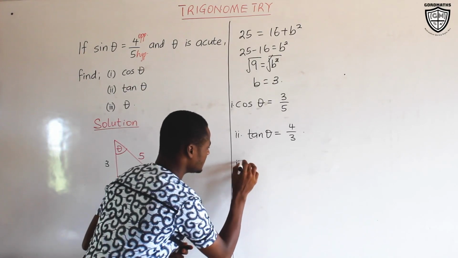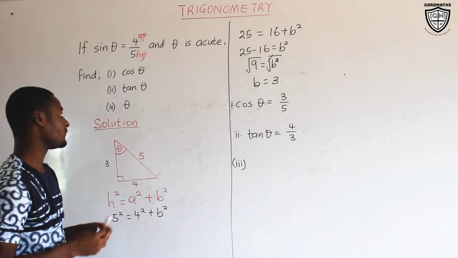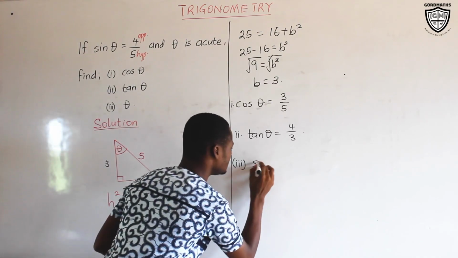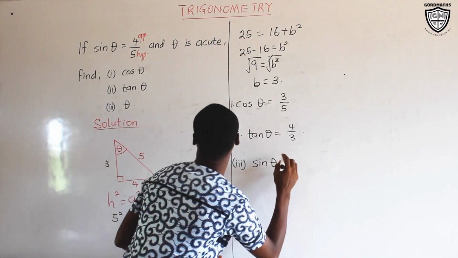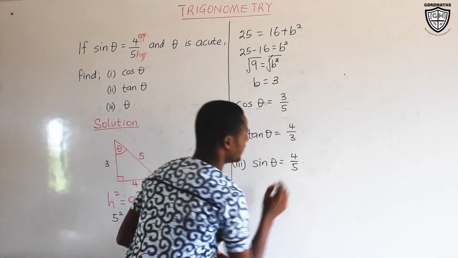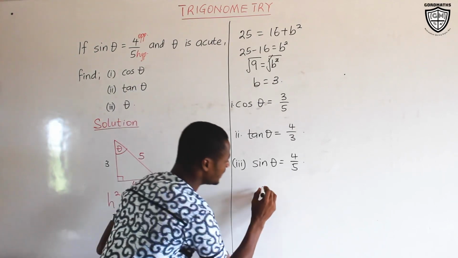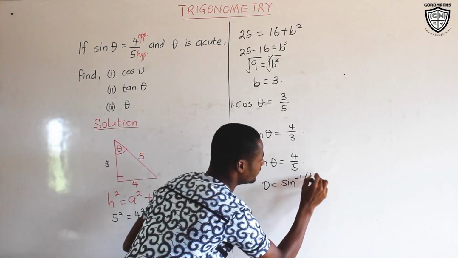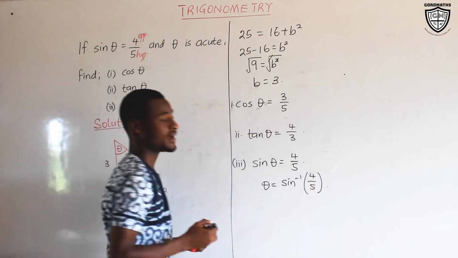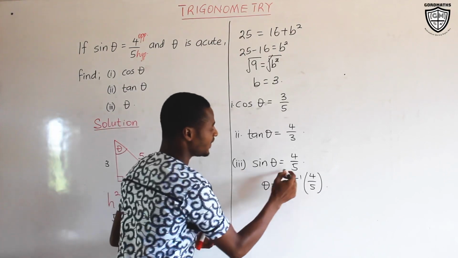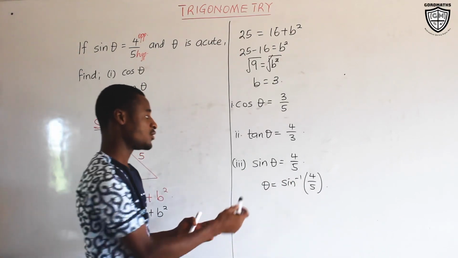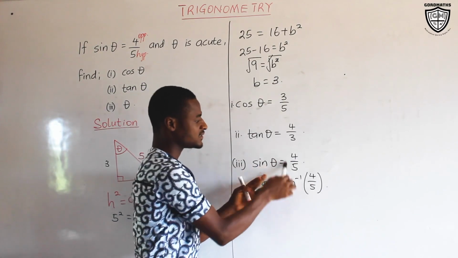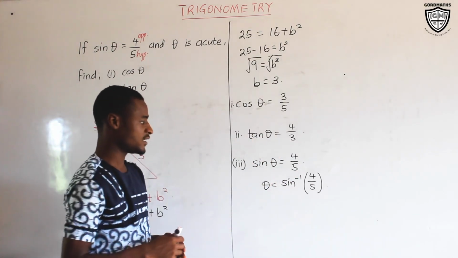Then the last is for us to find the value of the angle theta. Now, if we are given sin theta is equal to 4 divided by 5, then the angle theta is equal to the sine inverse of 4 divided by 5. That is to say, we are dividing both sides by sine, but because sine is not a figure but a ratio, we take the sine inverse of what we have at the other side of the equation.